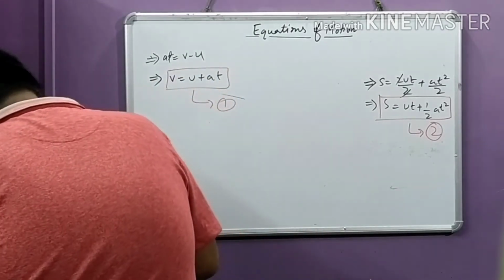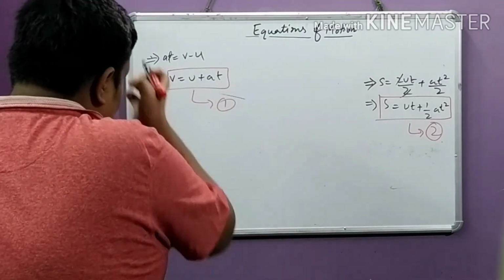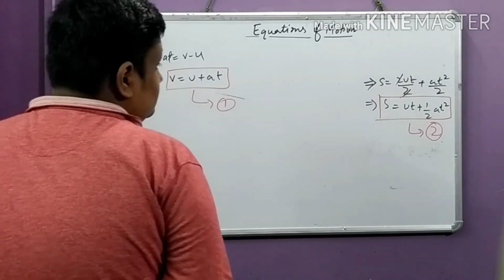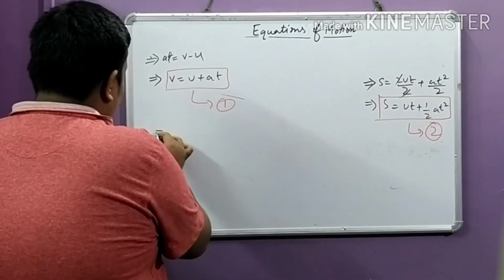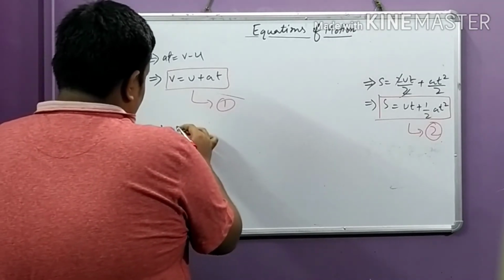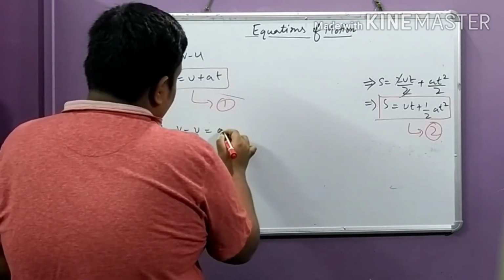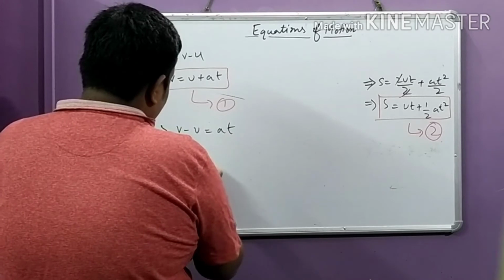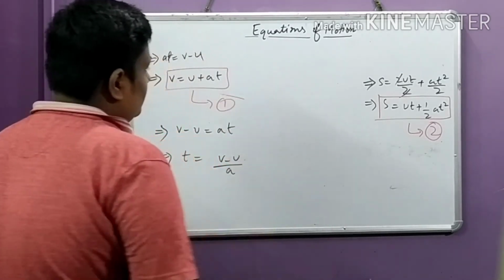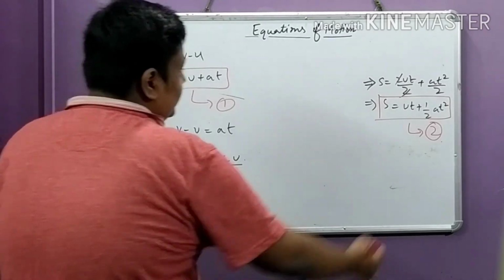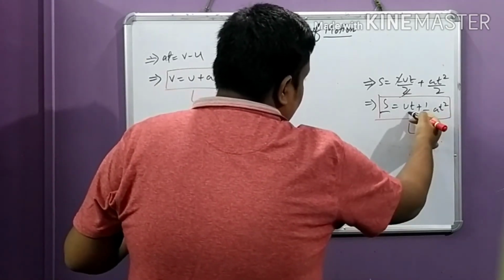So now, how to derive the last equation? From this equation, what we can write? V minus U equal to AT, or T equal to (V minus U) by A. Now we'll put the value of T in the second equation here.